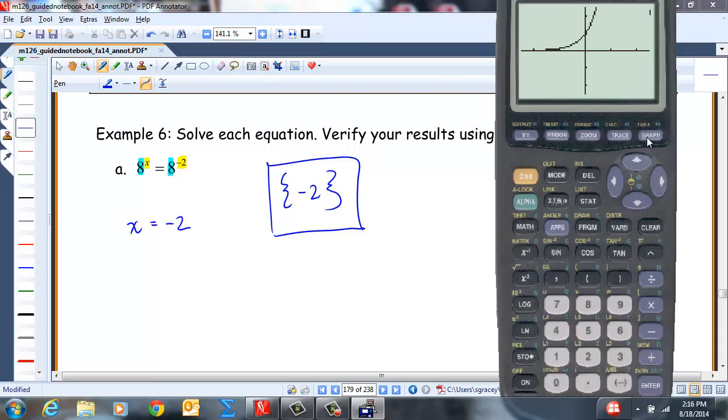So that's the first one. The second one will just be a constant. We're not seeing it because it's really close to the x-axis.